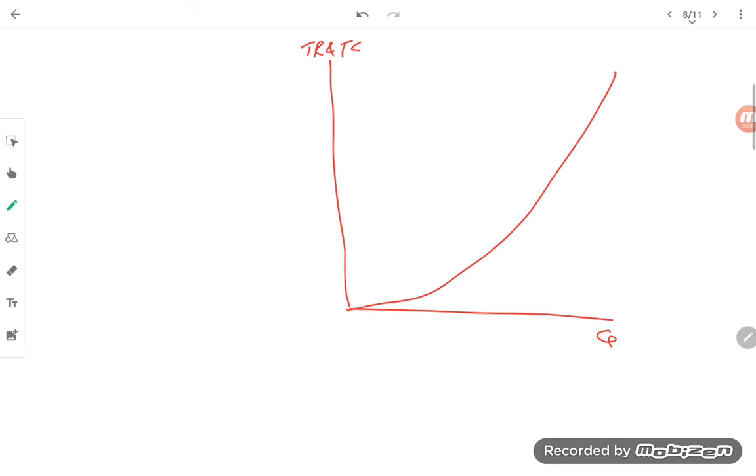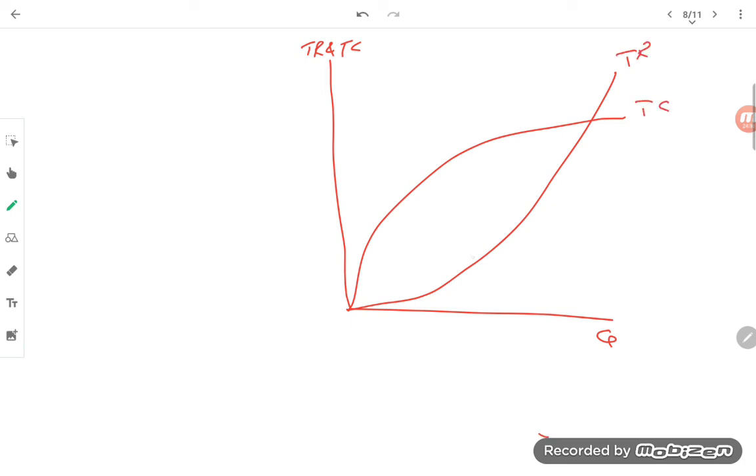The same with respect to total revenue. This is total revenue and this is total cost.